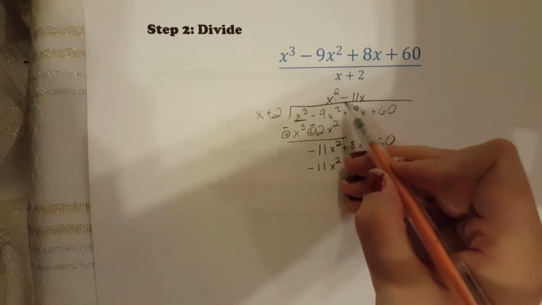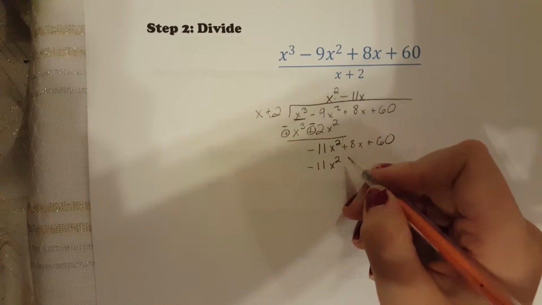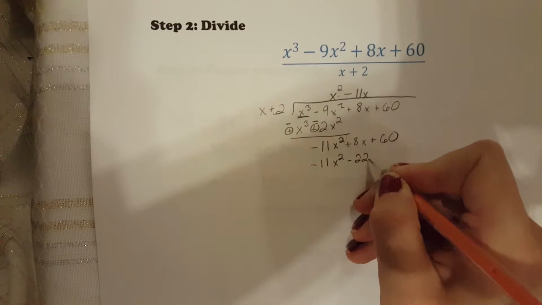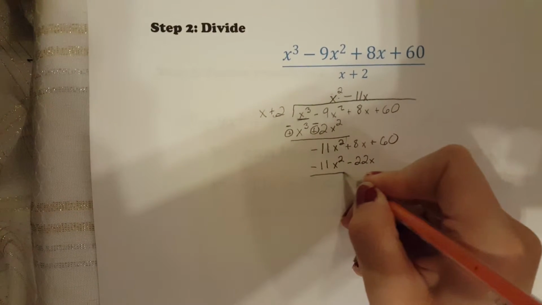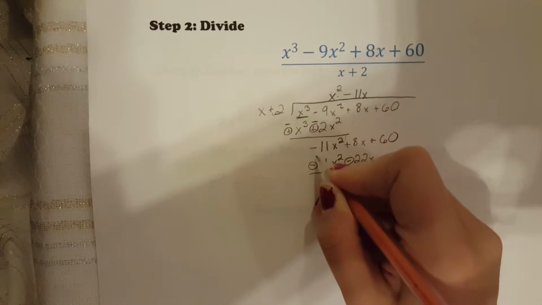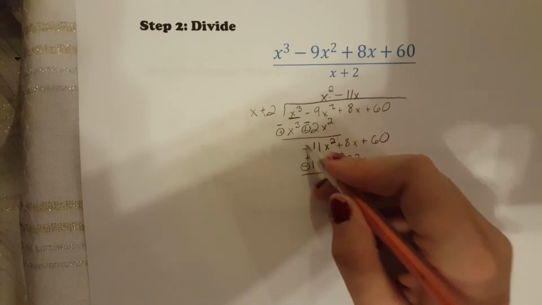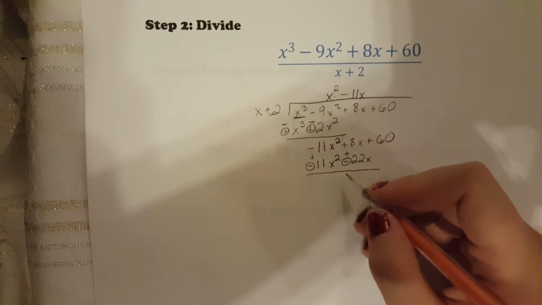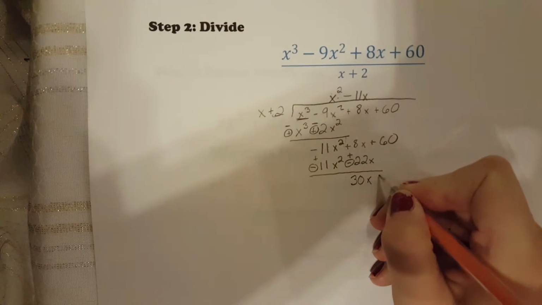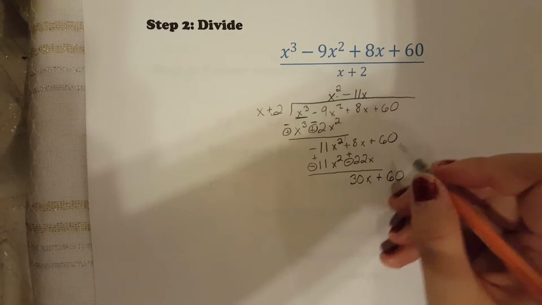Then we're going to do this negative 11x times 2, which gives us a negative 22x. Okay, we're going to do the same thing we did last time. We're going to change the signs, which gives us a plus and a plus. This is going to go away, and we're going to end up with a 30x plus 60 because we're bringing down the 60 right there.